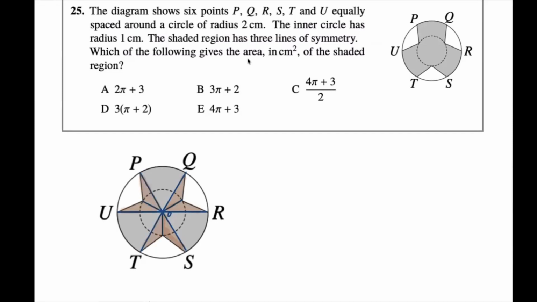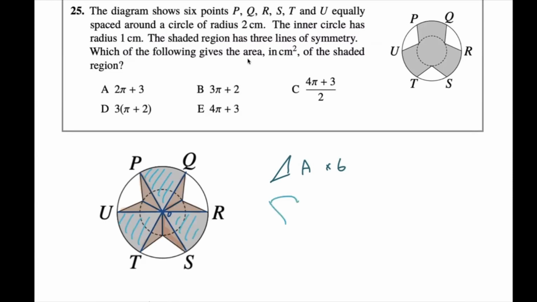So there are 6 triangles that we know have the same areas. Let's say this one is A, and we have 6 of them. Let's say this one here is B.